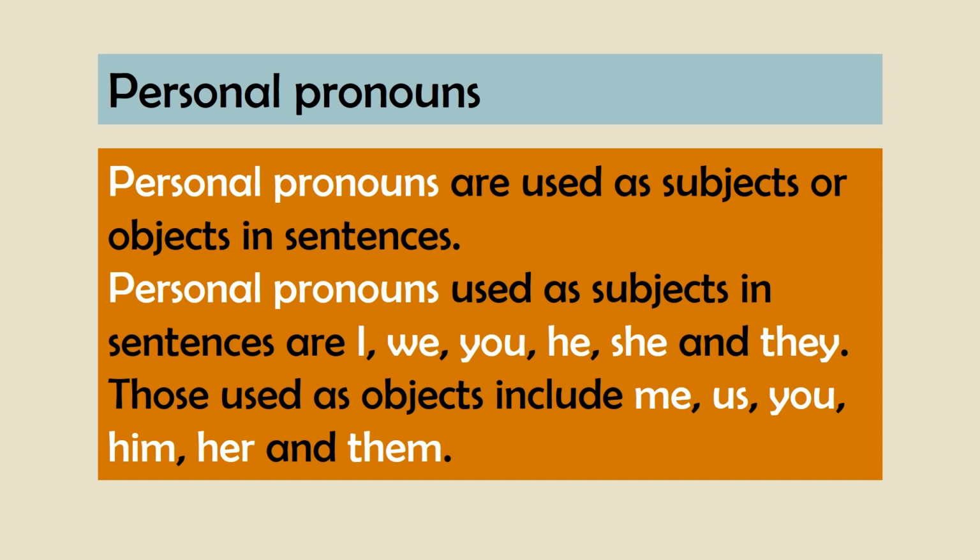Personal pronouns used as subjects in sentences are I, we, you, he, she, and they. Those used as objects include me, us, you, him, her, and them.